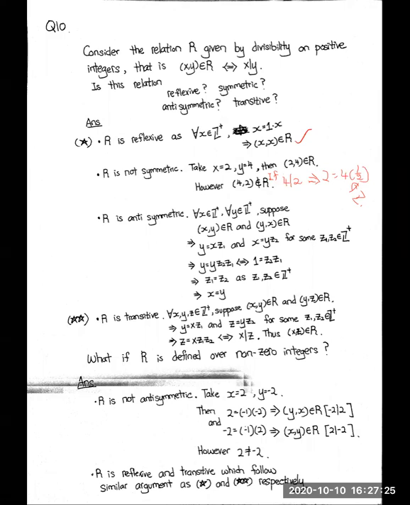Take any elements x and y from the set of positive integers, and suppose (x, y) is in R and (y, x) is in R. Some people might not find x divides y clear, so you can write, because this is the same as saying if and only if, y is equal to xz for some integer z. That's the reason why you see half is not an integer. Sorry, I wrote wrongly.